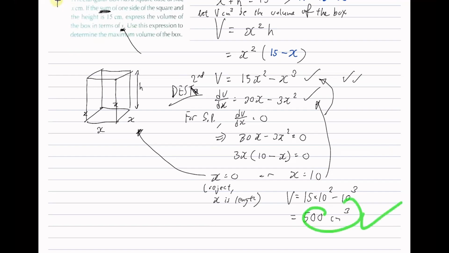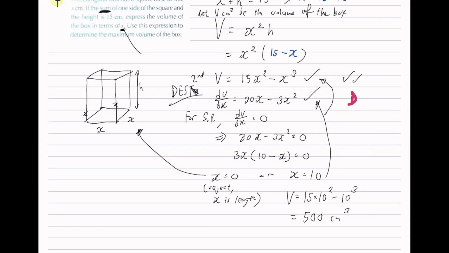We found the volume, and of course, by context, we know it must be maximum, but you need to prove that it is a maximum. What are you supposed to do? The second derivative test.